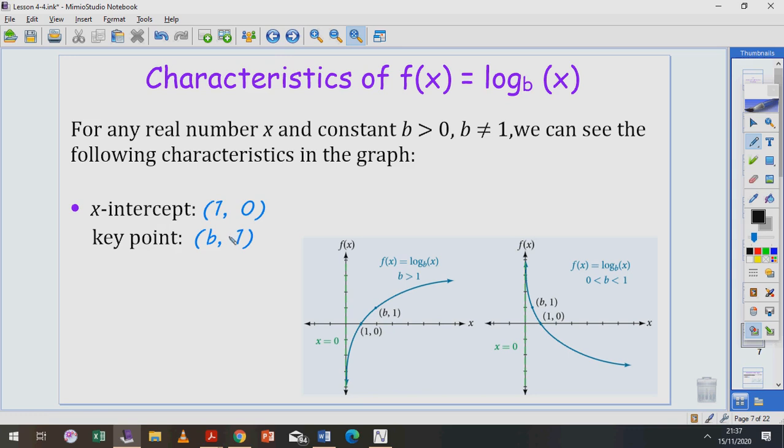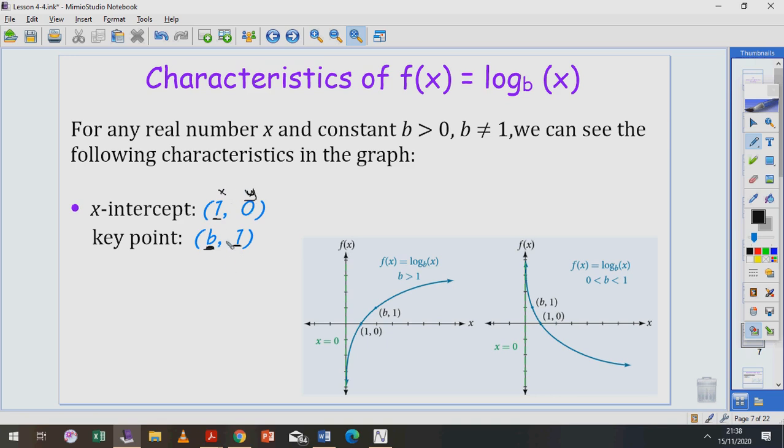Now there are some key points you need to sketch this graph, one of them being the x-intercept and the other one being the x value, which we're calling b, the x value where the y value is equal to 1, right? So for each of these graphs, one, find the x-intercept, and that's the x value where the y value is 0, because this is x and y.